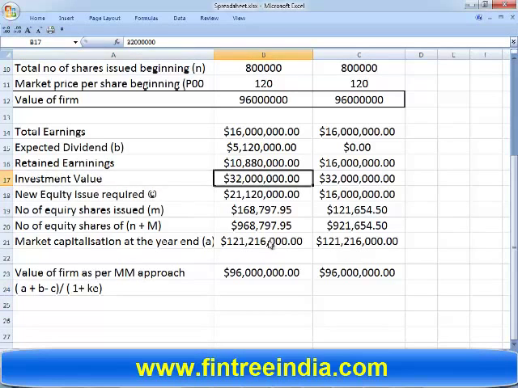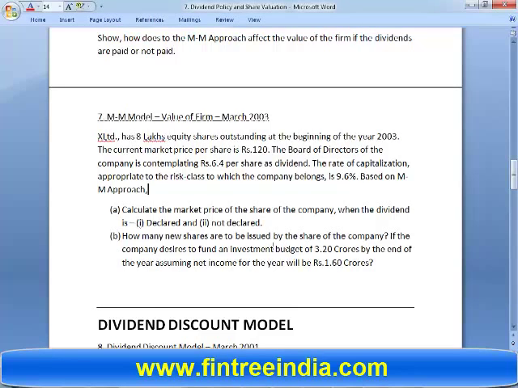This is given here. 1.6 crores is the earnings and 3.2 crores is the investment.